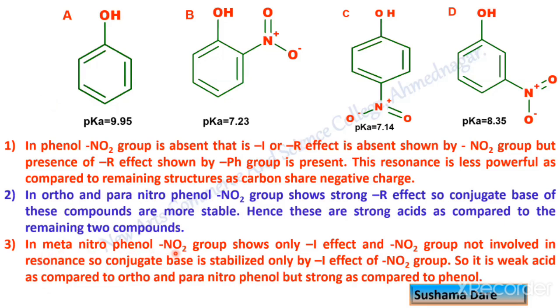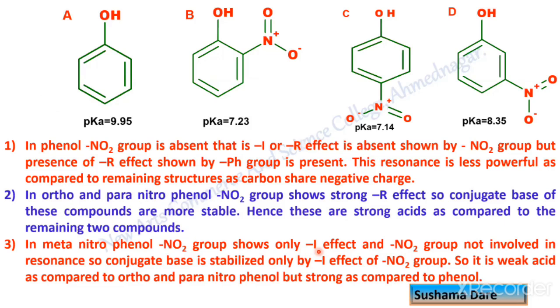But in case of the meta compound, which effect is possible? Only the minus I effect is there, because the NO2 group, if situated at meta position, never shows resonance effect. That is, the NO2 group does not take part in the resonance. So in the meta compound, the nitro group shows only minus I effect.